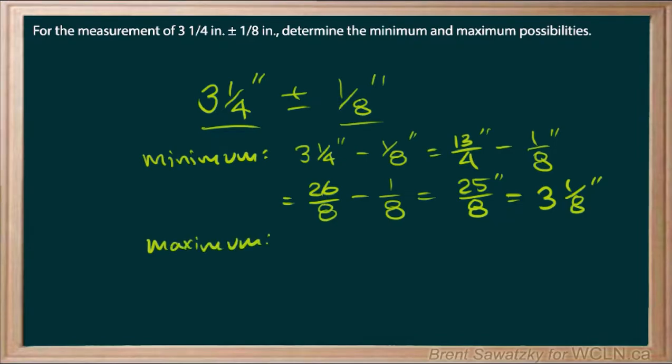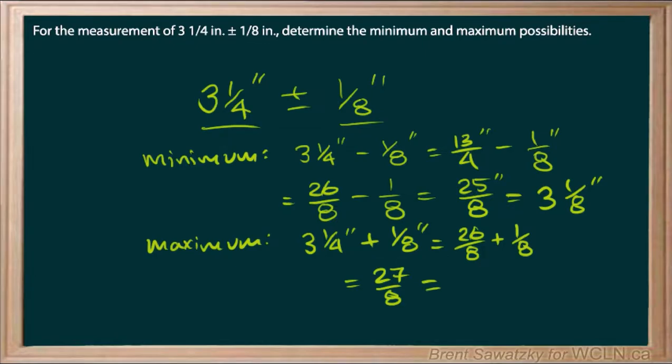Okay, so in this case, same idea, but we're adding the 1/8 this time. We're going to the upper range. And we could save ourselves a little bit of time by just jumping right to the idea that we already know this is 26 over 8, and we're adding 1/8 this time. And that comes up with 27 over 8, 26 plus 1 on the top, and the same 8 on the bottom.